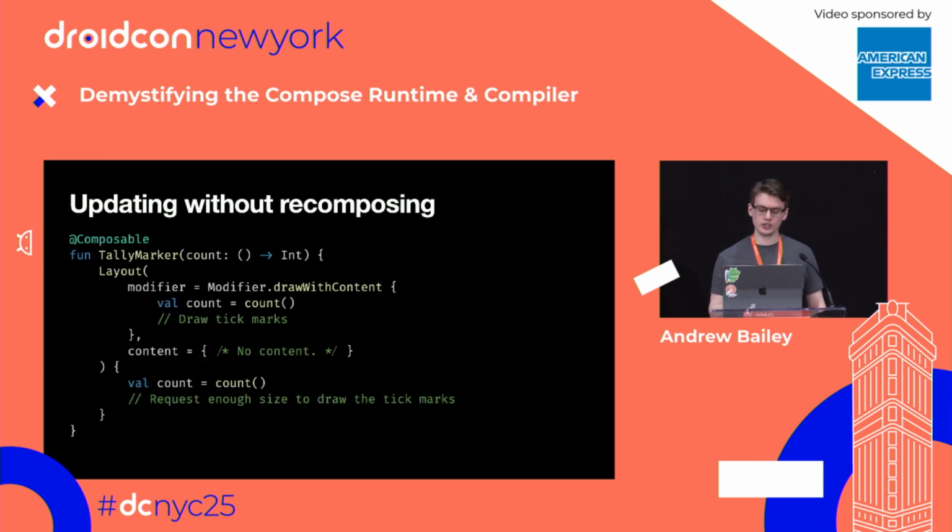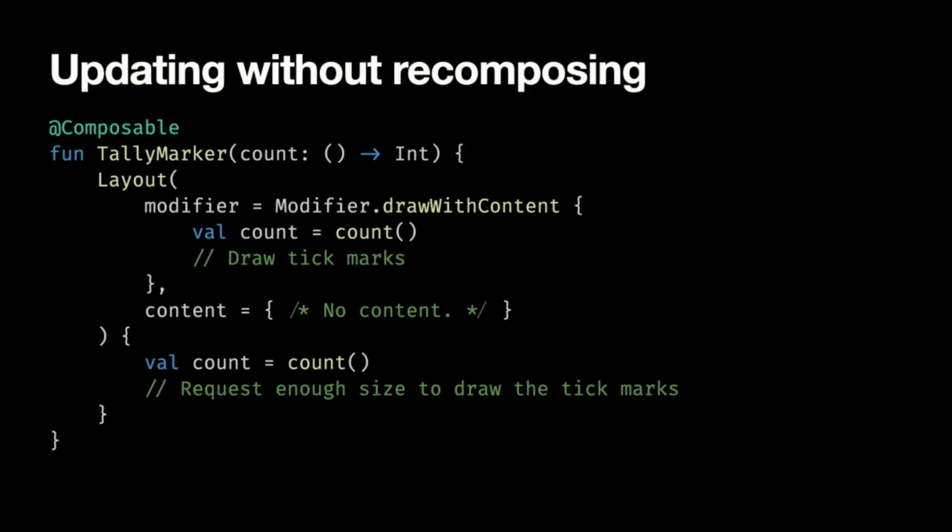The reason that you do this is because you can move the snapshot state read into layout and draw, which are also snapshot observed. And if you do that, it will invalidate just the layout or just the draw pass. And this is great because if we do this, we can now correctly increment the counter and only invalidate layout and draw because we don't actually need to update any of the UI hierarchy if we design our composable in this way.